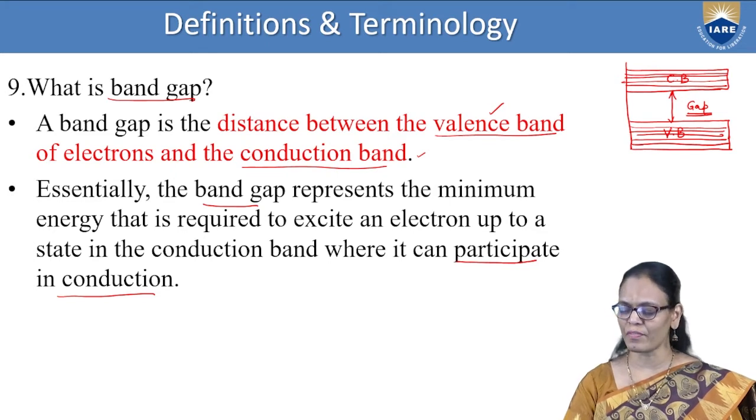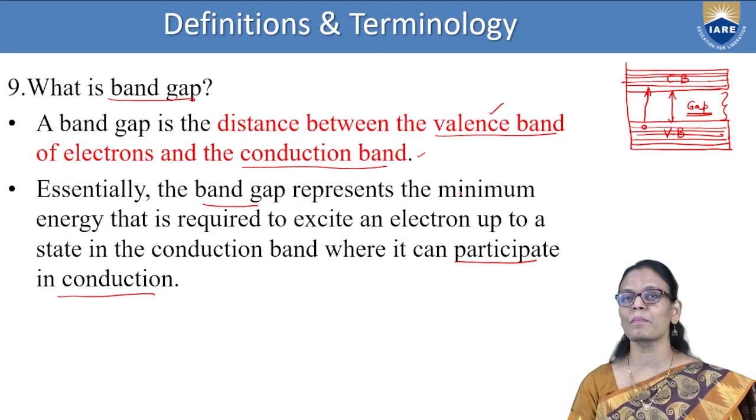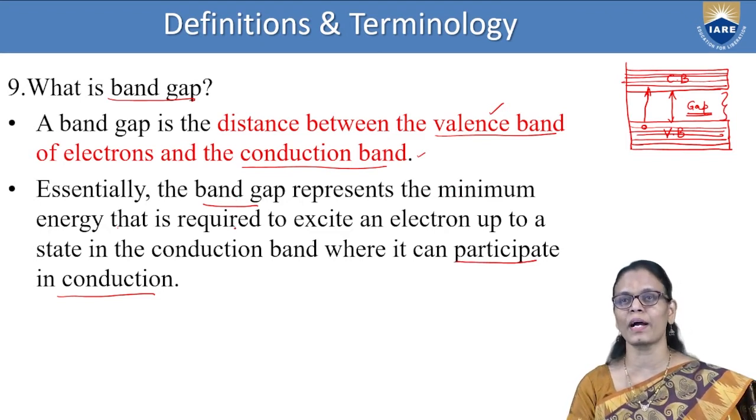Suppose I have an electron in the valence band. What is the energy that has to be supplied to this electron so that it goes to the conduction band? It will be the difference in energy that has to be supplied. So it represents the minimum energy required by an electron to excite into the conduction band.